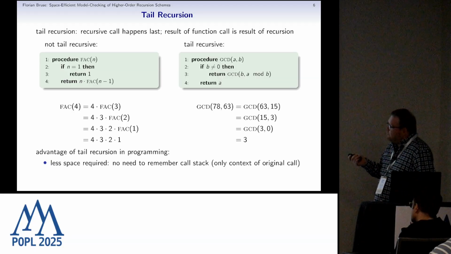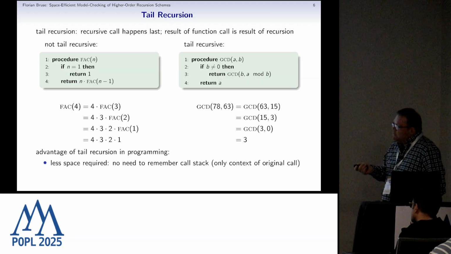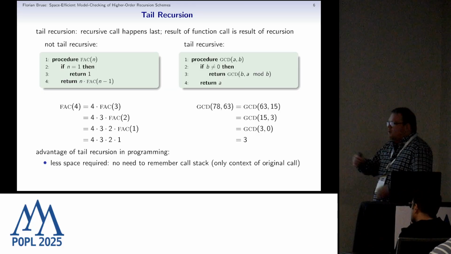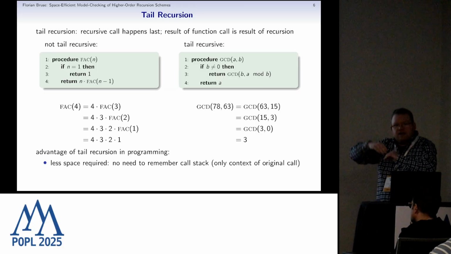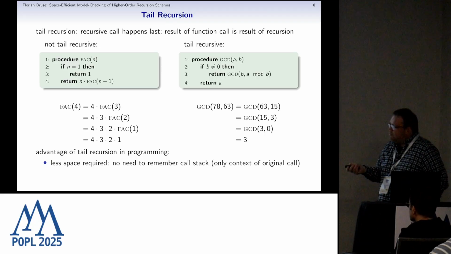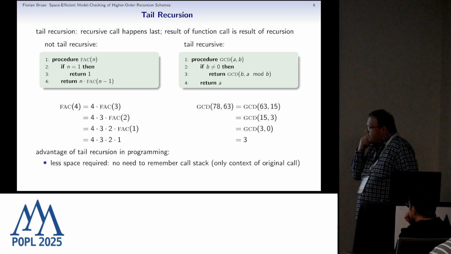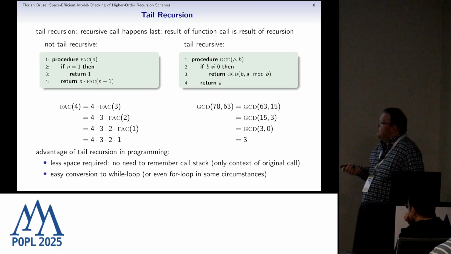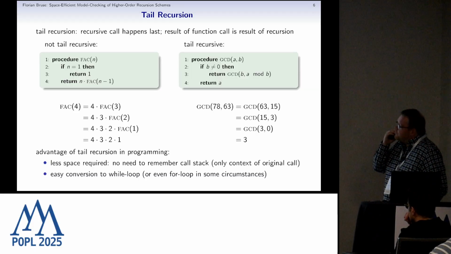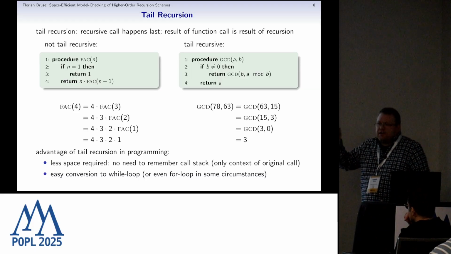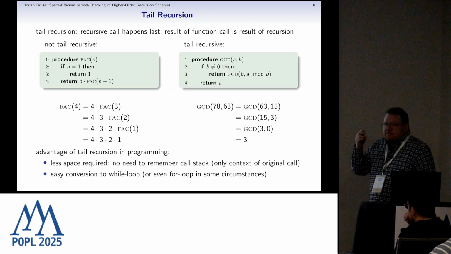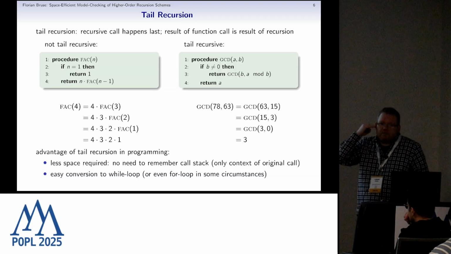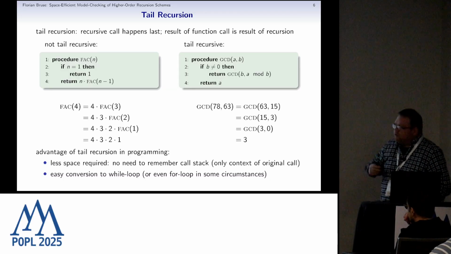In the factorial case, you have to remember that the result of 1 needs to be multiplied by 2, then go back to multiplication by 3, and so on. So you can condense the call stack quite a lot. Also, if you want to convert this recursive procedure into an iterative one, for tail recursive programs it's very easy to convert them into while loops, and sometimes even for loops.